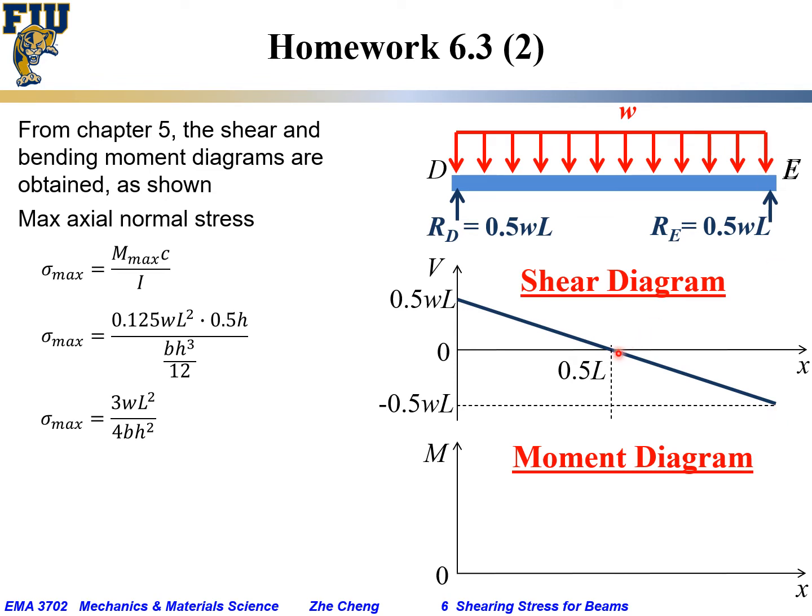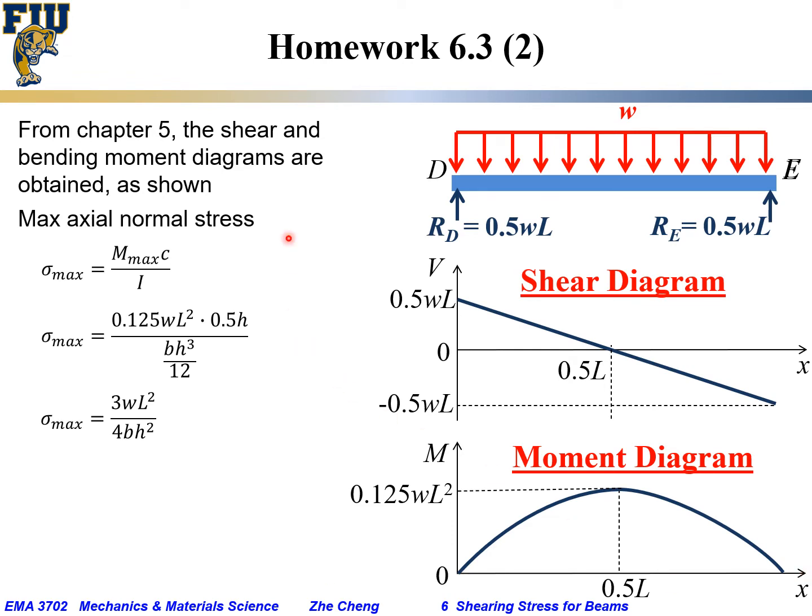Okay, that is a shear diagram. And also from chapter 5, we can get the moment diagram. We get a parabolic shape, and the local slope corresponds to the internal shear value, which means at the center we would have 0 slope or 0 internal shear, while the slope is maximum at the two ends. Okay?